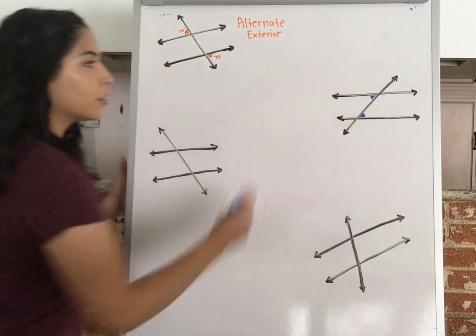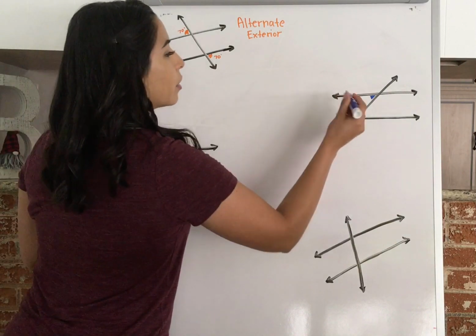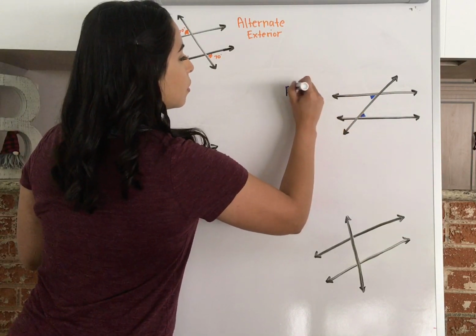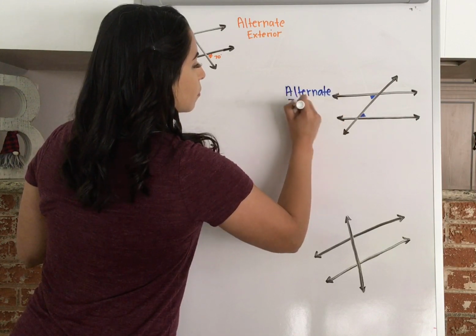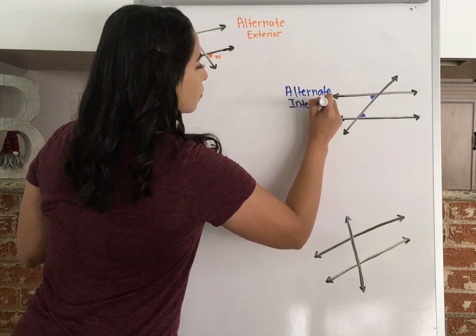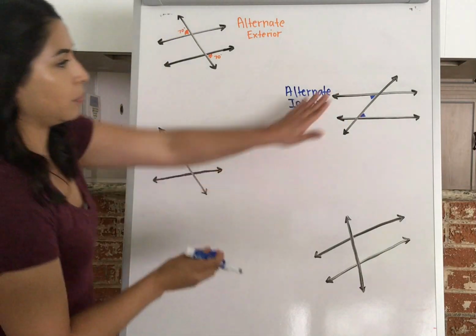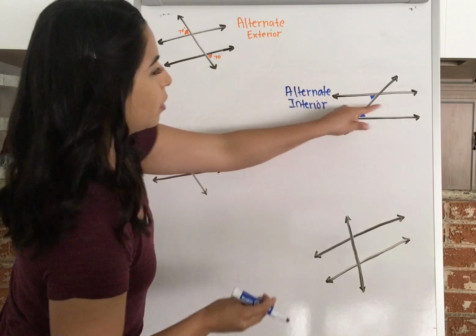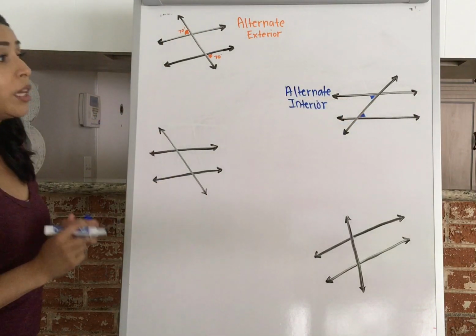If you see two angles that look like that, those are alternate interior angles. You can see one's on this side, one's on that side, and they're both in between the parallel lines. They're also equal.